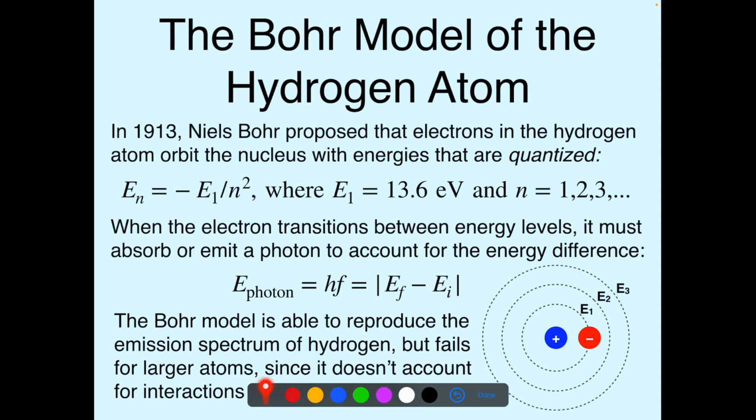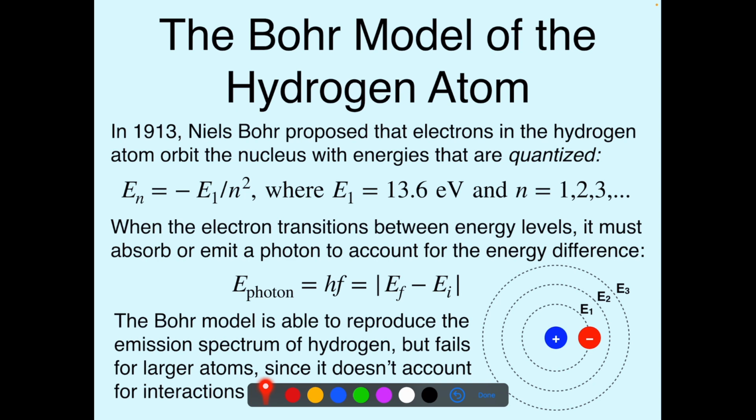But in the Bohr model, the energies are quantized. So it can't just take on any energy. It can only take on certain discrete values of energy. So let's call this energy E1. This is the energy the electron has when it's orbiting at this distance over here. And this is the minimum energy that the electron can have.